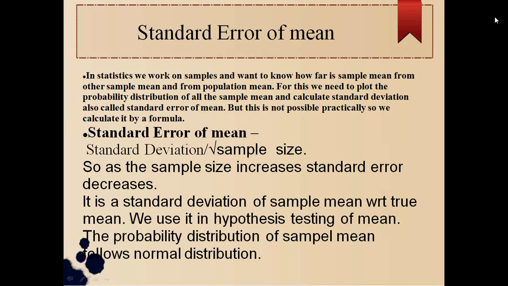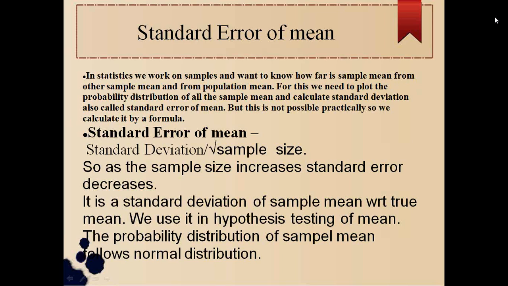Now I calculate the mean of each sample. Let's take a number: say we calculated that there is a possibility of 100,000 samples of size 50 each. And we calculated the mean of these 100,000 samples. So I will get different values of mean.